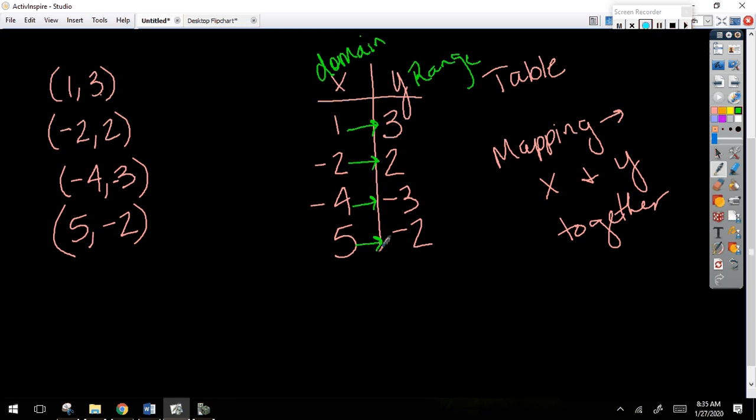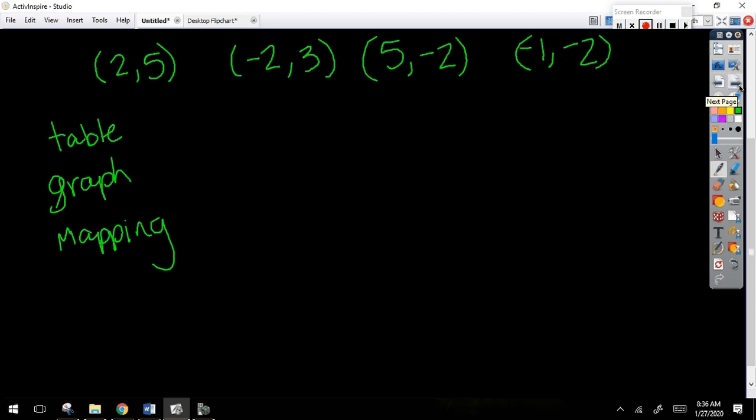That's technically mapping, otherwise it's just a table. But let's do all three of these and make sure we're good before we move on. And then I want you to tell me the domain and the range of our relation. So I'll give you just a second.